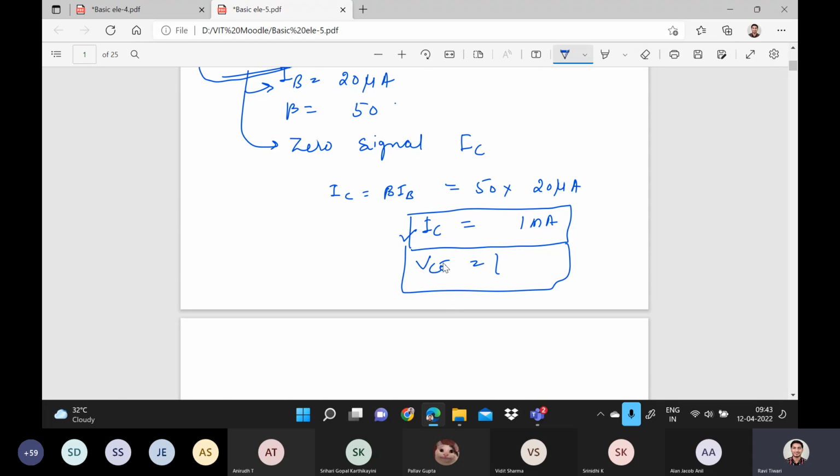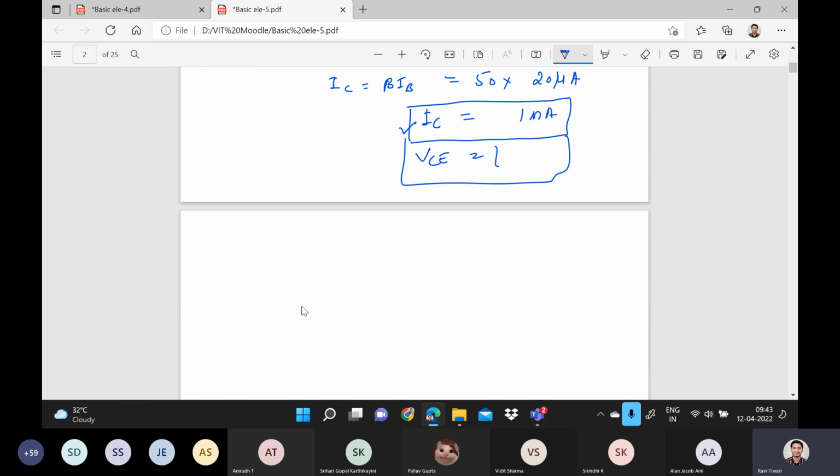So how will we find out the value of VCE? We know the equation: VCC is equal to VCE plus ICRC. In that, we've already calculated the value of IC. RC we know. We also know the value of VCC. What was the value of VCC? It was 12 volts. We have to find out the value of VCE. IC, we already calculated, that is 1 milliamp.